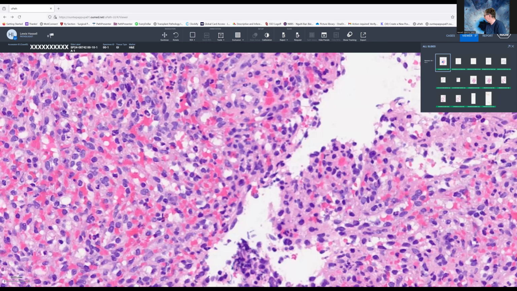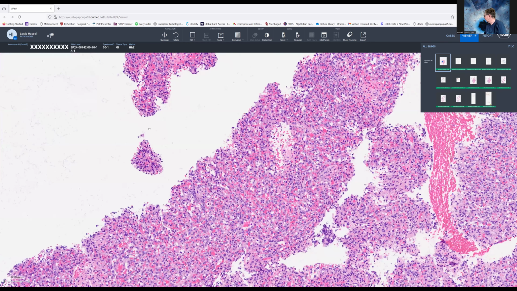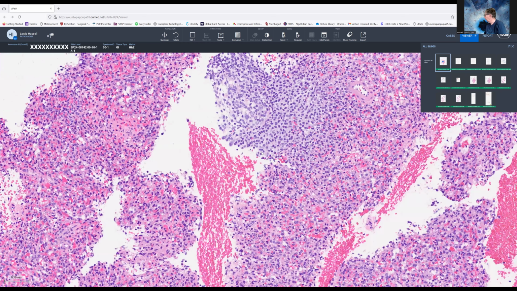As I've indicated, there is a little bit of inflammatory tissue in a few areas. Here's one such area. It actually looks like we have a little germinal center and some associated lymphocytes with a moderate amount of cytoplasm, and we can see some proliferation there.